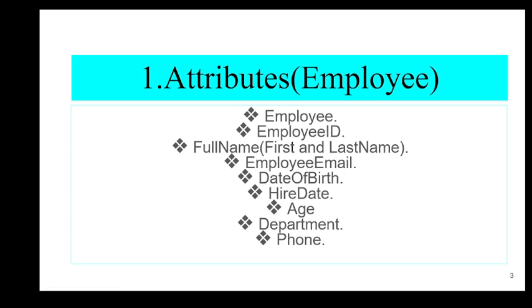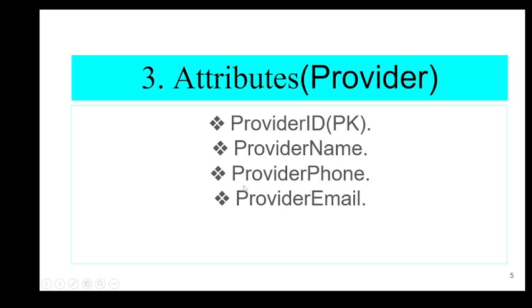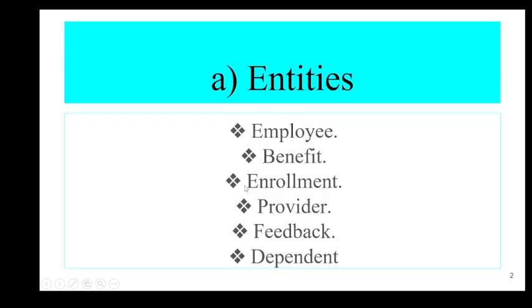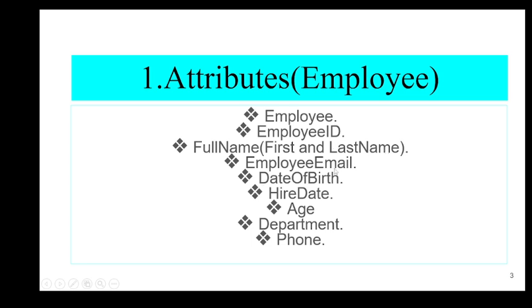We have the full name, which contains the first and last name. We have the contact address, which is email, and maybe phone. We have date of birth, hire date, and age, and maybe the department where the employee belongs.